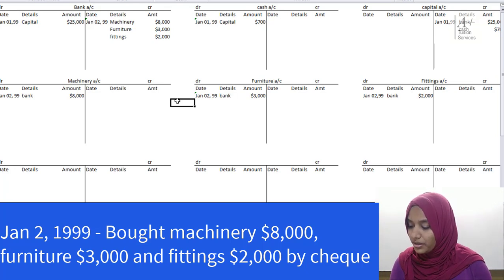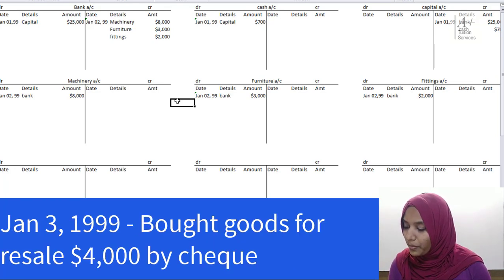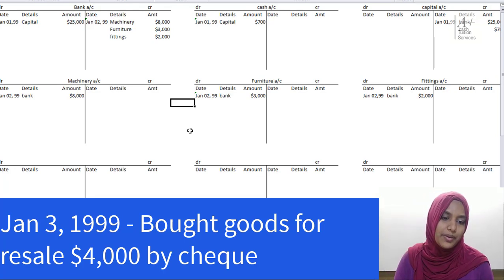Okay, now we're going on to our third: bought goods for resale, $4,000 by check. So this whole word resale is just to confuse you. Basically you're buying something. Okay, so we're going to open a purchases account because we didn't specify what we bought.